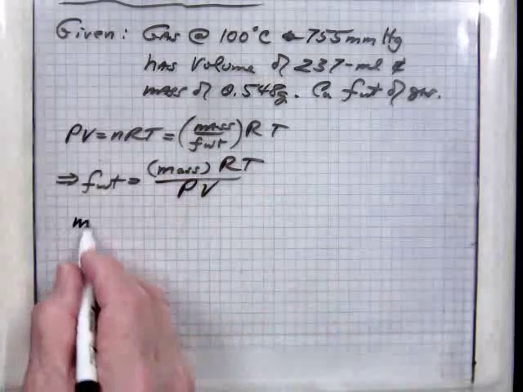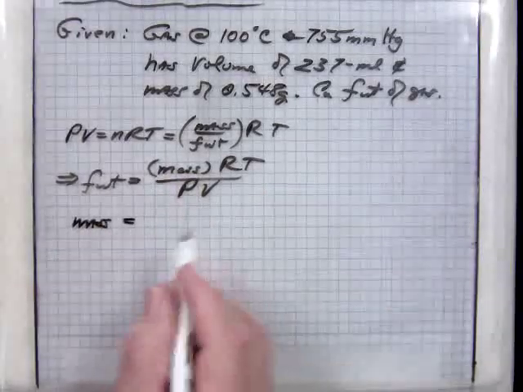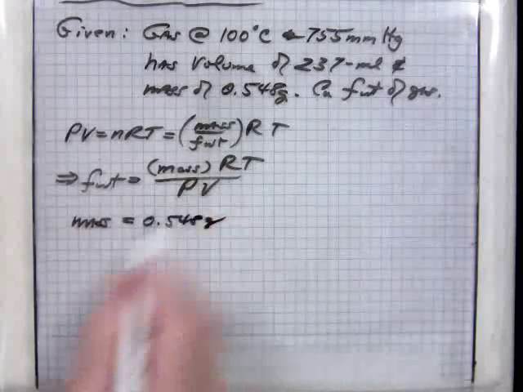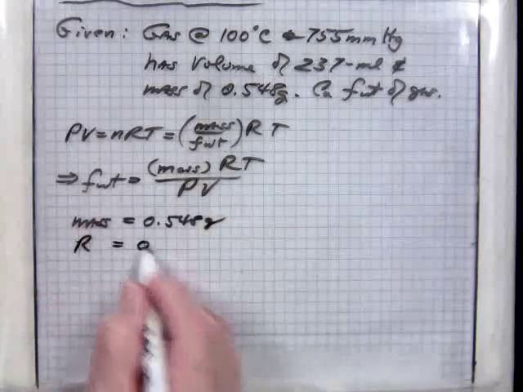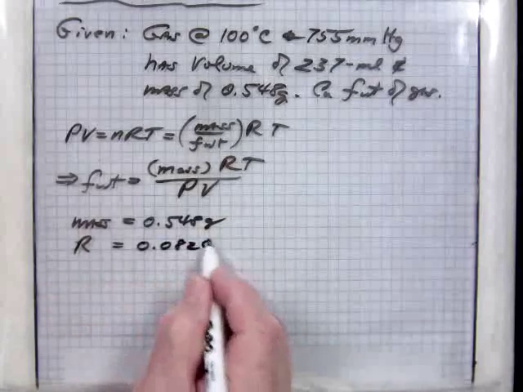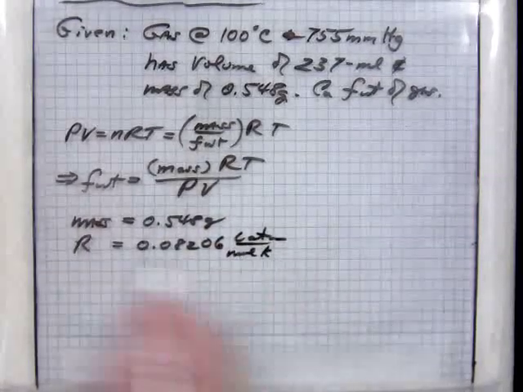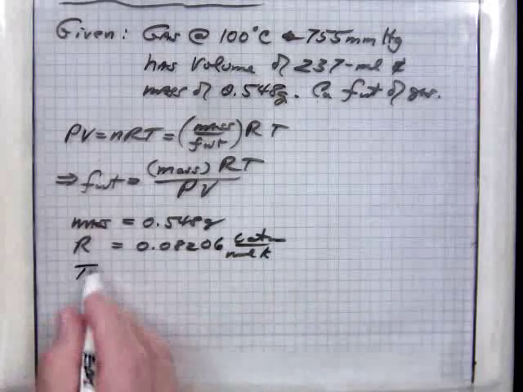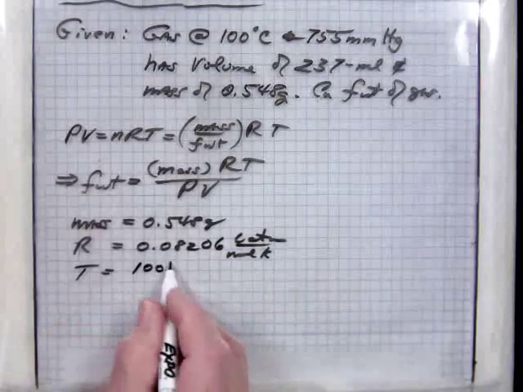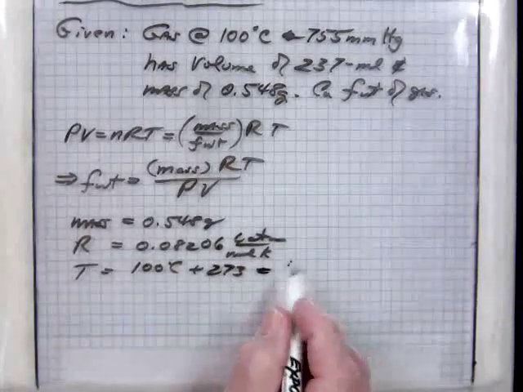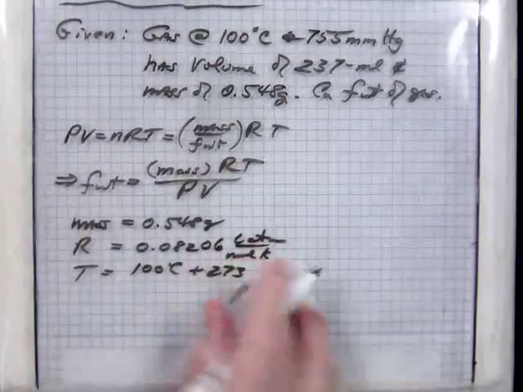Well, the mass is given as 0.548 gram. R is 0.08206 liter atmospheres per mole Kelvin. T is given to be 100 degrees C plus 273 equals 373 Kelvin.